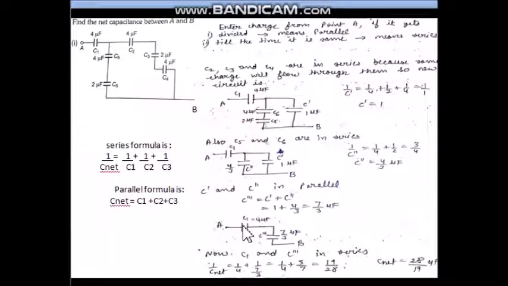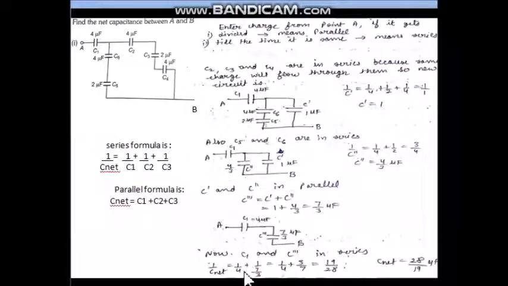Now C1 and 7 by 3, C triple dash, you can see how they are connected, in series or in parallel. Take the help of charge. If we enter the charge from A, whatever charge flows from C1, the same charge flows from C triple dash and exits at point B. So they are in series because the same charge flows.